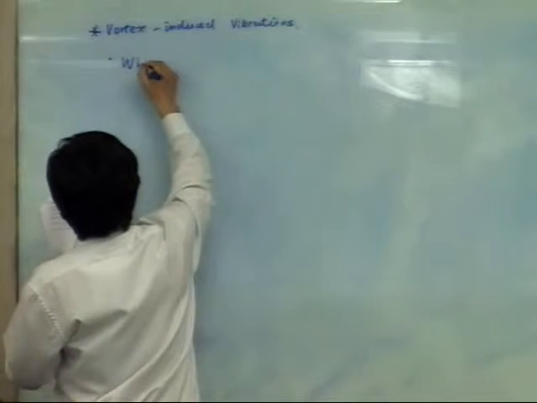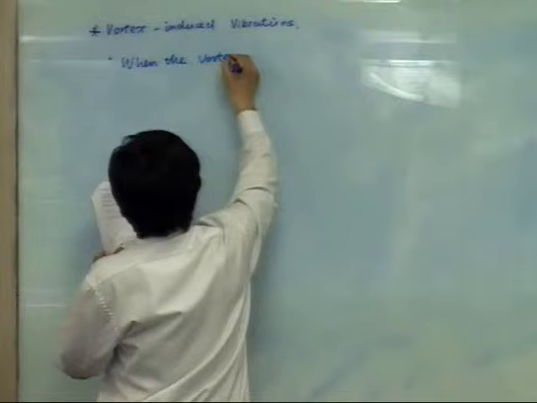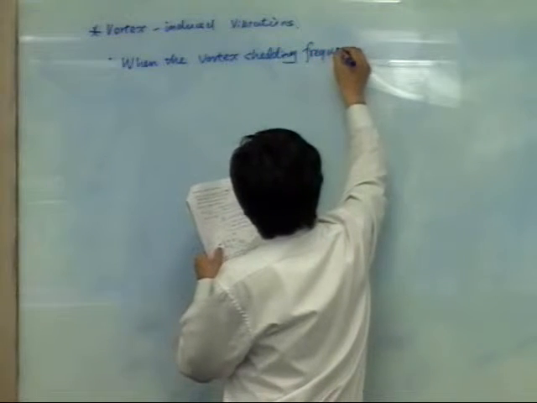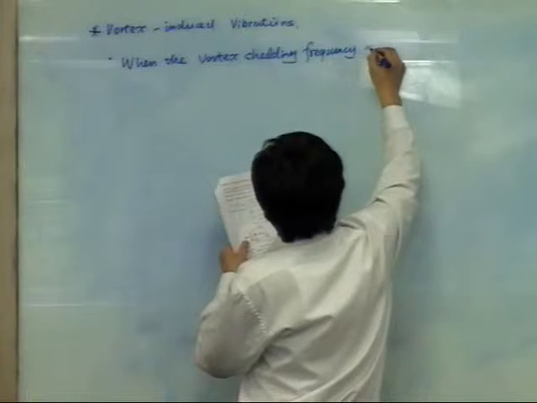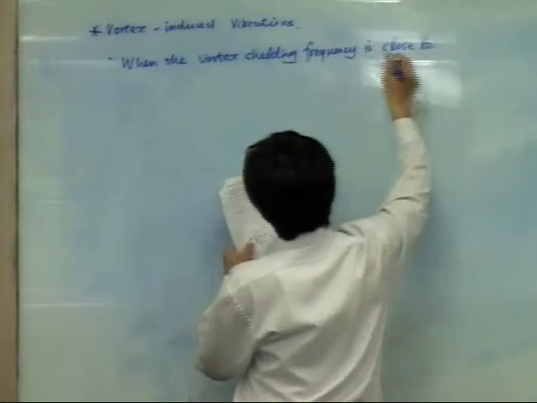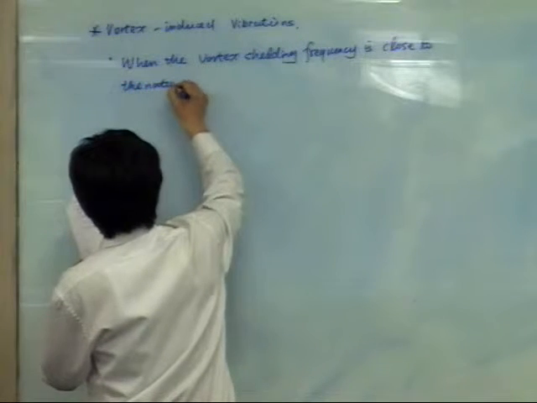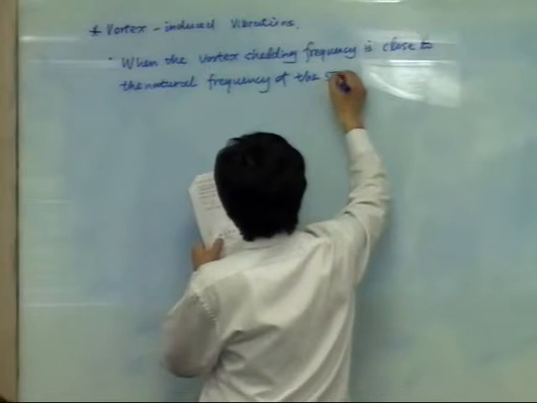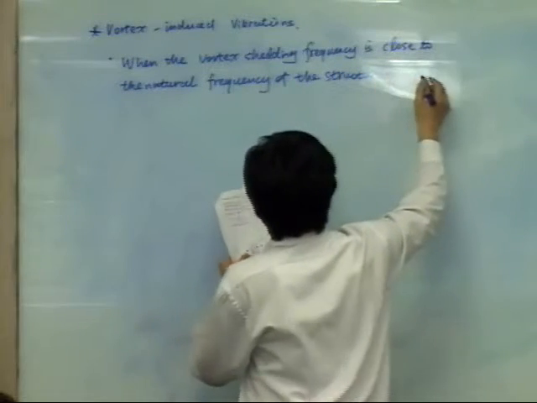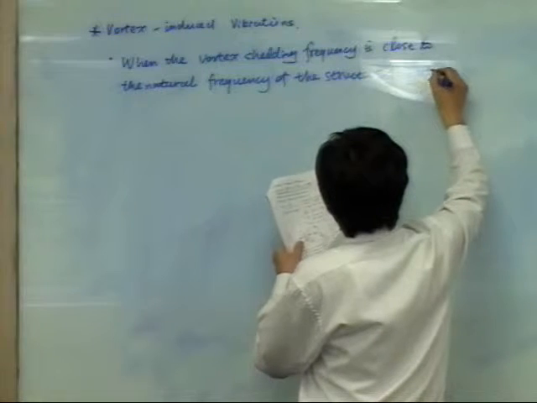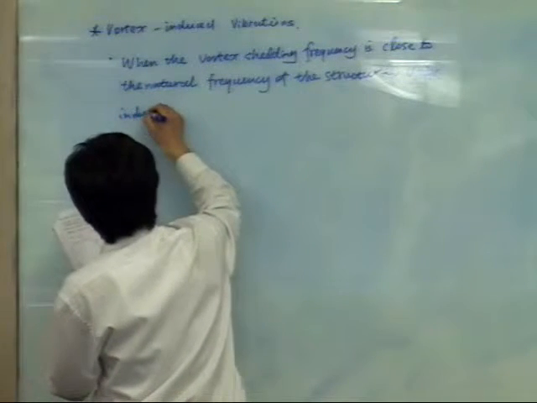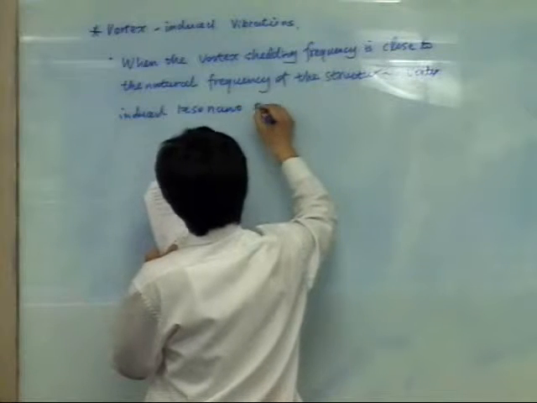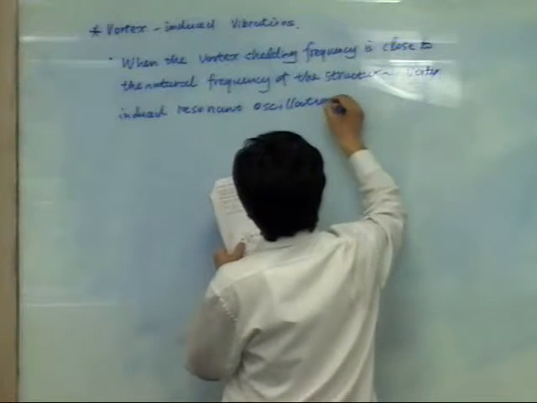So when the vortex shedding frequency is close to the natural frequency of the structure, vortex induced resonant oscillations occur.